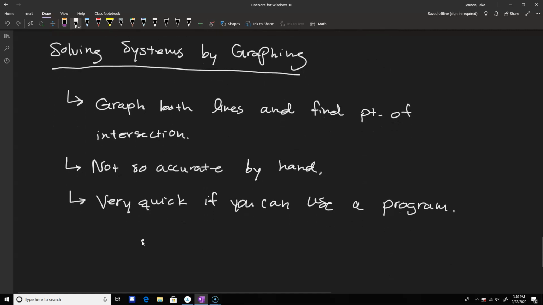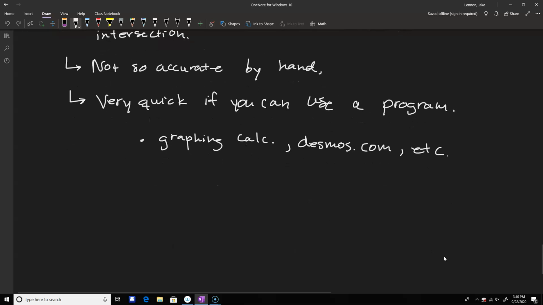You can either use something like a graphing calculator, or Desmos.com is a good site, and I'm sure there are many others. So let's revisit the problem we started with at the very beginning, and see this in action for the first example.